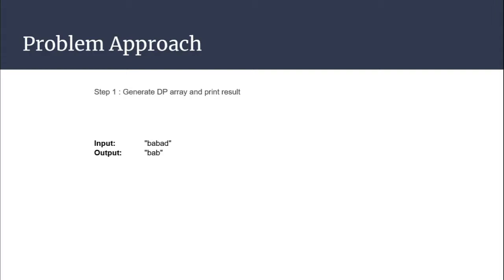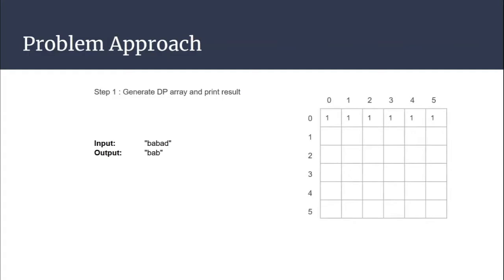So let's continue. To solve this problem, we'll be creating a DP array of size n+1 cross n+1, where n is the size of the input string. Here the input string is of size 5, so we have taken an array of size 6 cross 6. If you remember from lecture 13, we fill row 0 with 1.